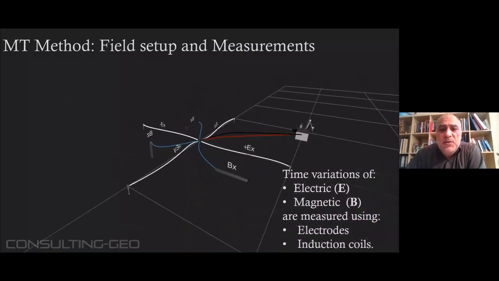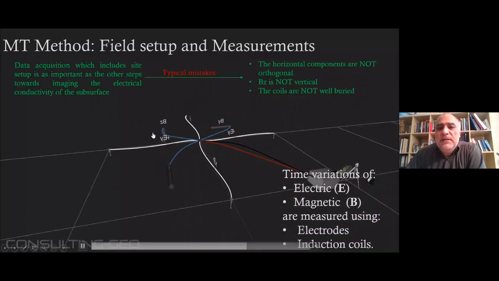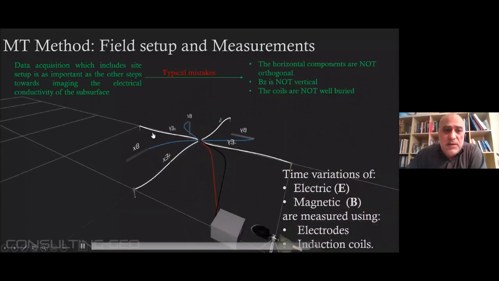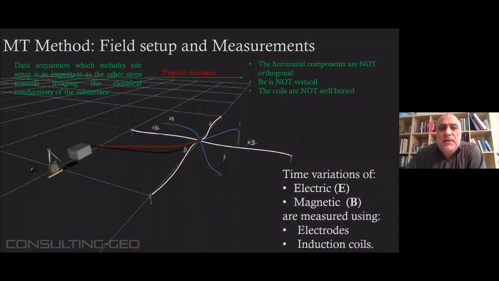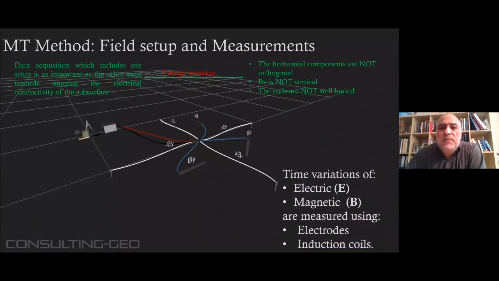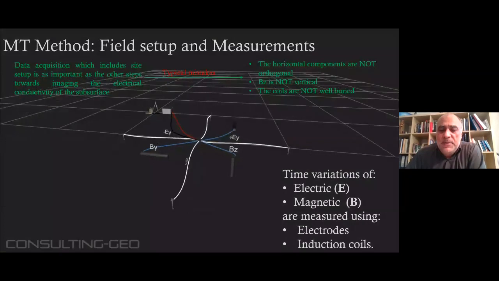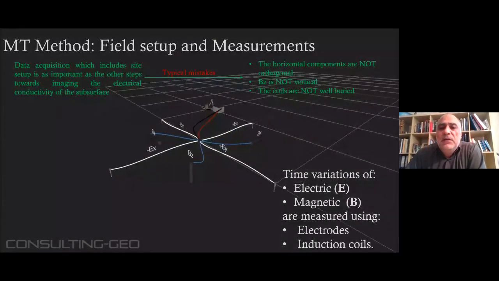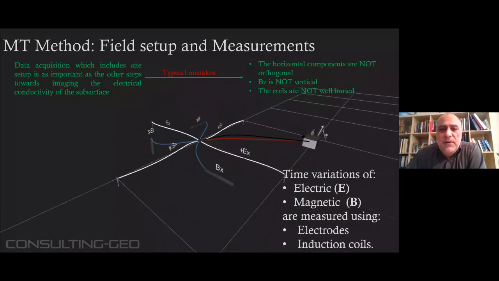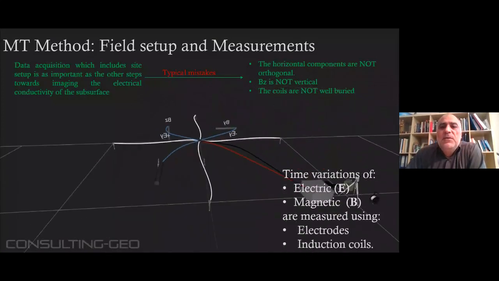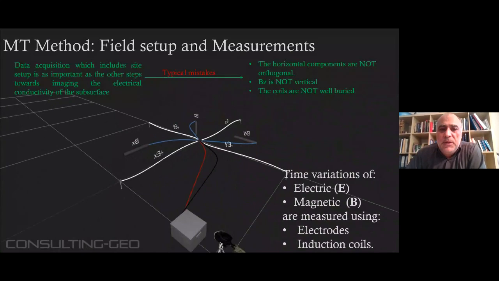At this point, I just want to say a few words about data collection and data acquisition. It is as important as any other step we later use to image the electrical conductivity of the subsurface. In other words, controlling the data quality during the measurement and making sure that everything is correct will make sure that any step afterwards will be correct.